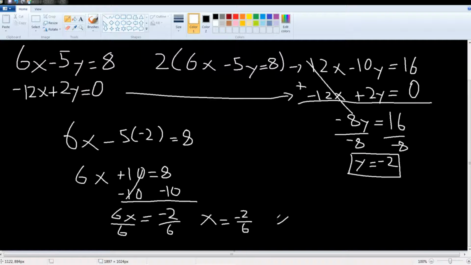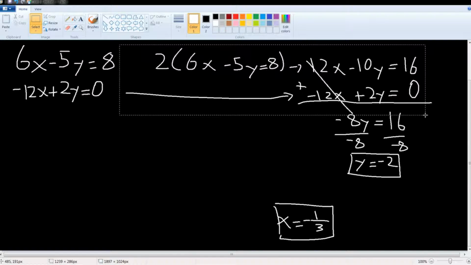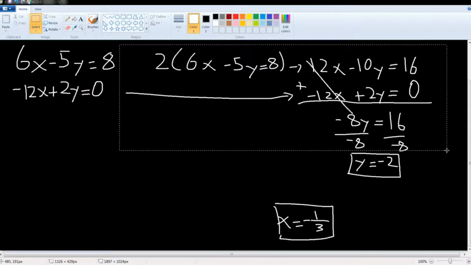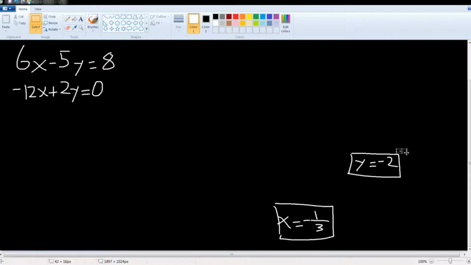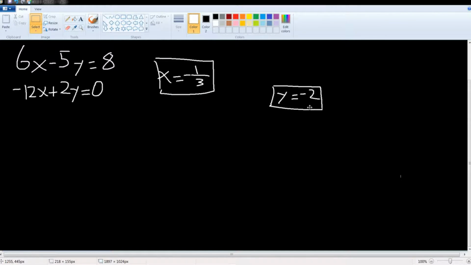Or if we simplify, we get x is equal to negative 1/3. So far so good. So using the method of elimination, we are left with x is equal to negative 1/3, y is equal to negative 2. So we're not done, right?